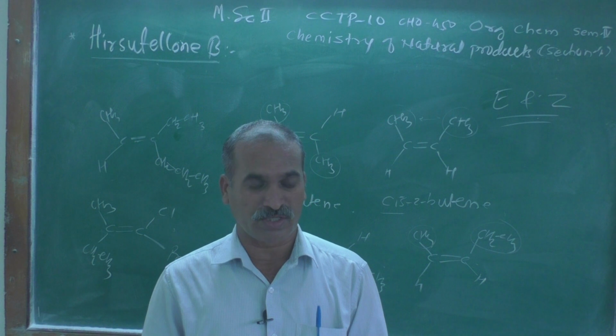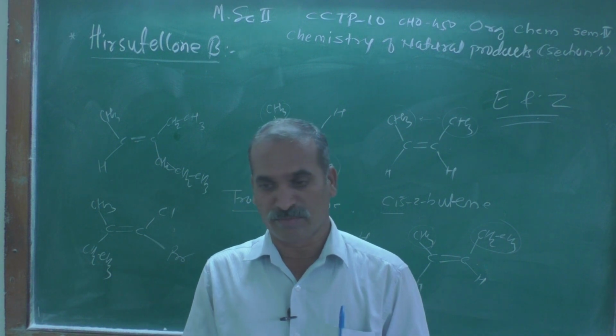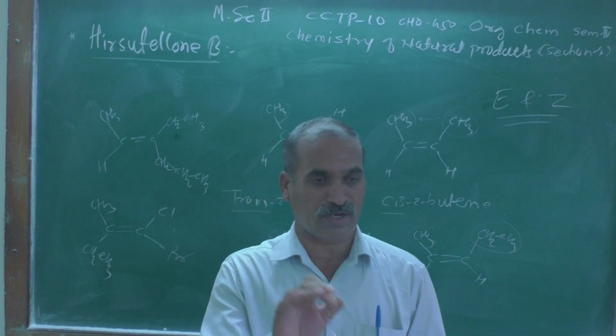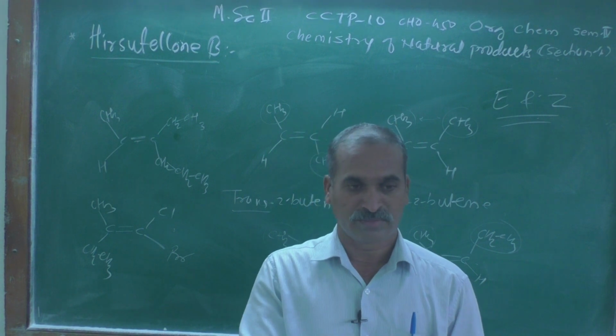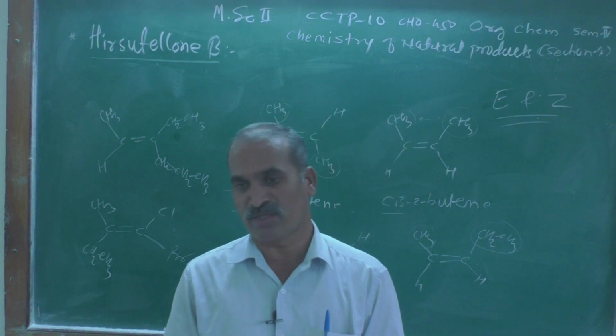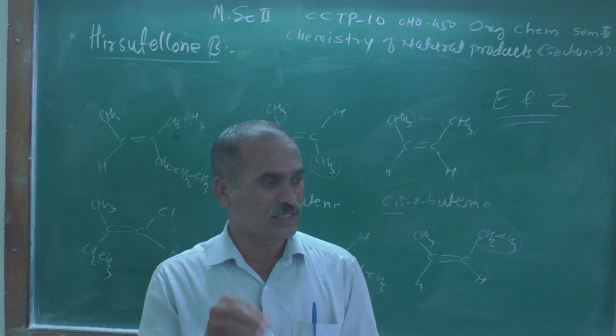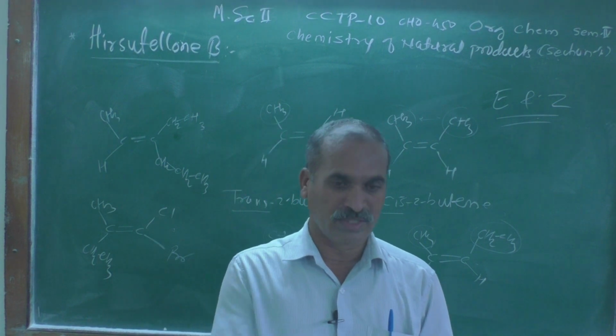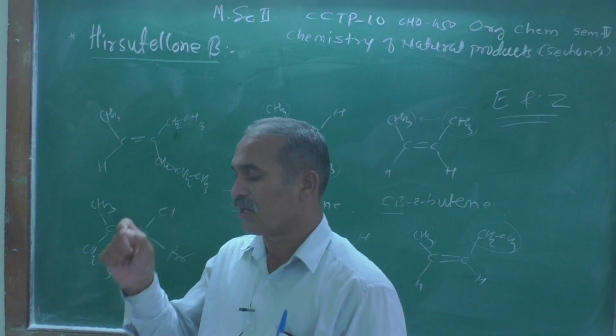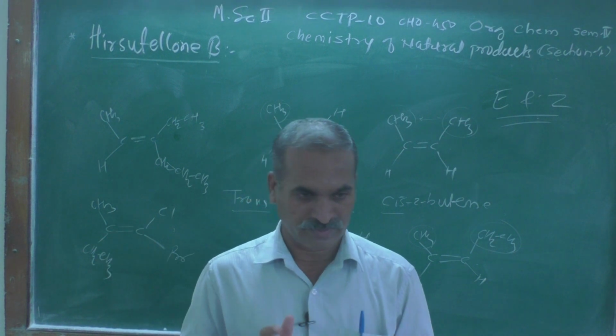What is that sequence rule? Sequence rule is nothing but the arrangement of groups around the chiral center. There is a priority rule, sometimes referred to as the CIP rule.